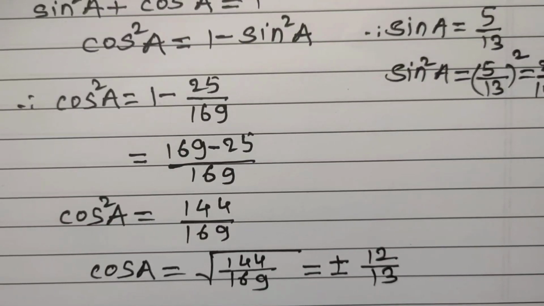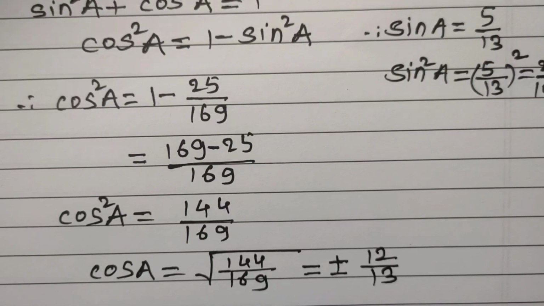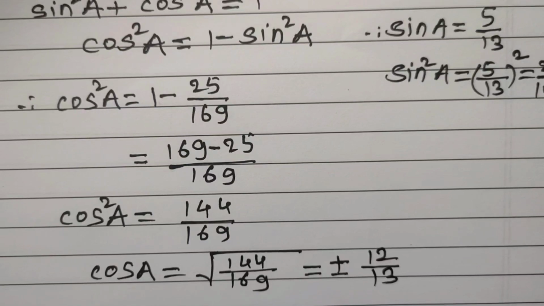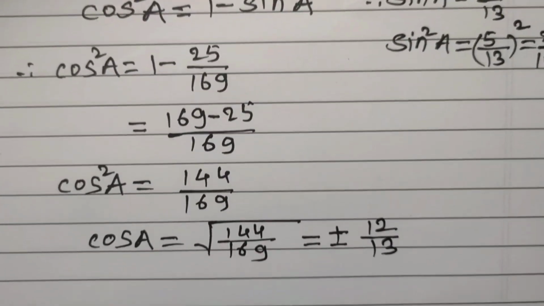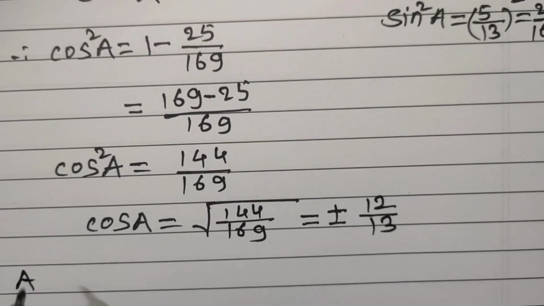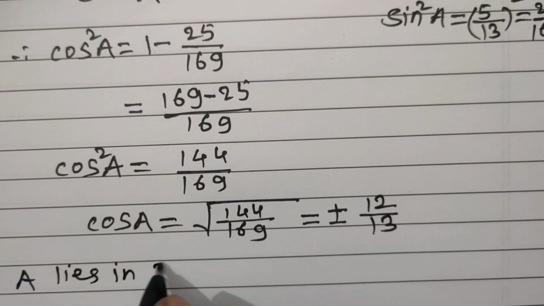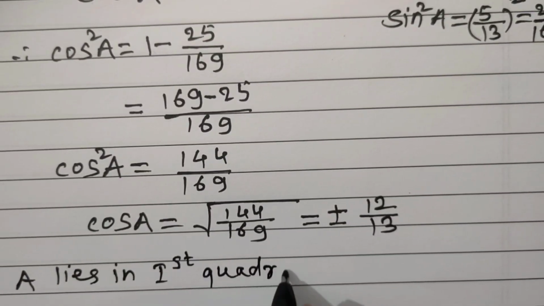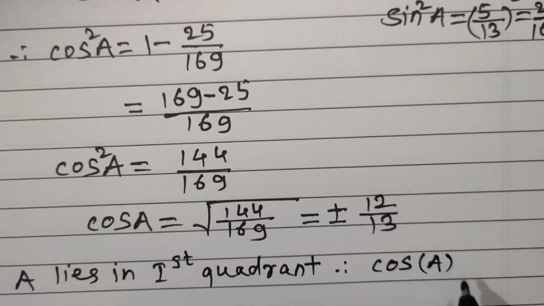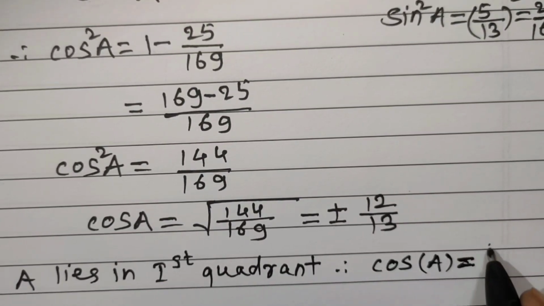Since the sin A ratio is 5 upon 13, which is positive, angle A may lie either in the first quadrant or in the second quadrant, because in the first and second quadrants the sin ratio is positive. If A lies in the first quadrant, then all trigonometric ratios are positive, hence cos A is equal to plus 12 upon 13.